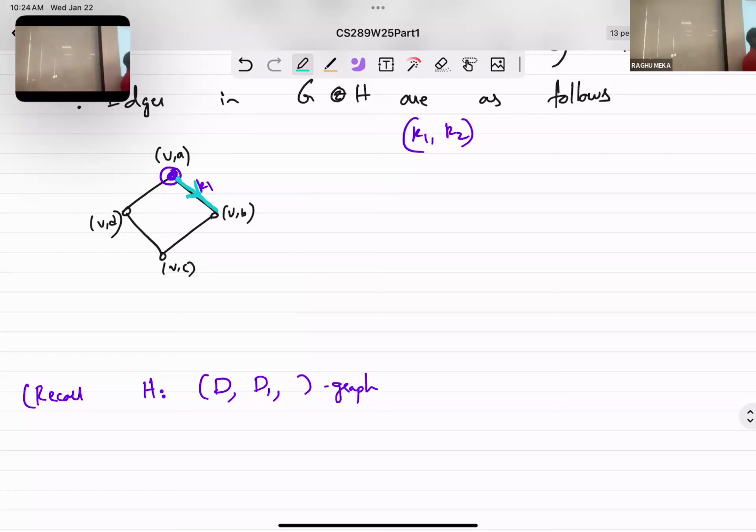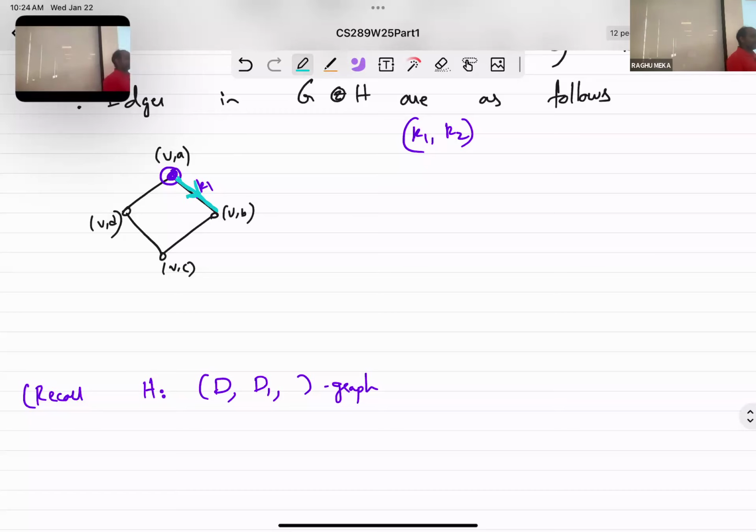Now I'm going to take a jump across clouds. But how do I decide where I end up? So there is a different way of interpreting the vertices in H. Remember the vertices in H, the number of vertices is exactly the degree of G, right?